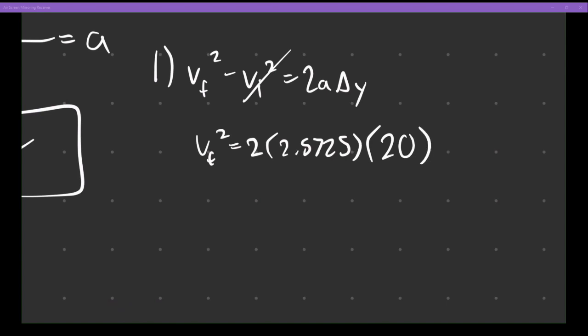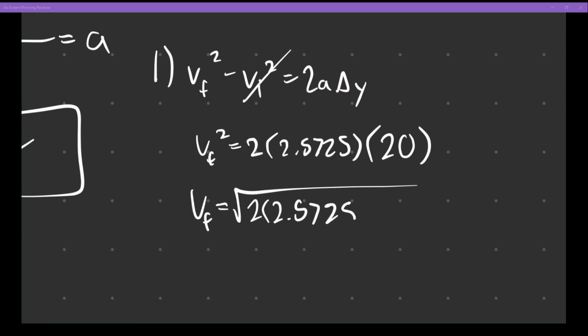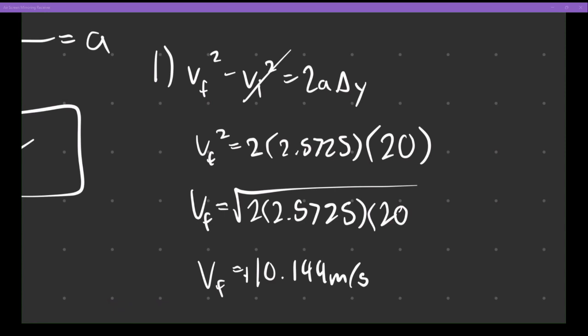But since the line of motion goes downwards, I guess it moves positive 20. So Vf equals radical 2 times 2.5725 times 20. So plugging that into the calculator, your V should be 10.144 meters per second, positive as it goes in the line of motion.